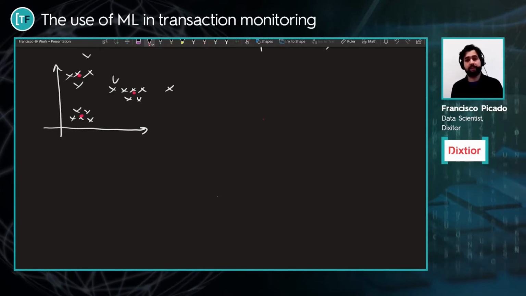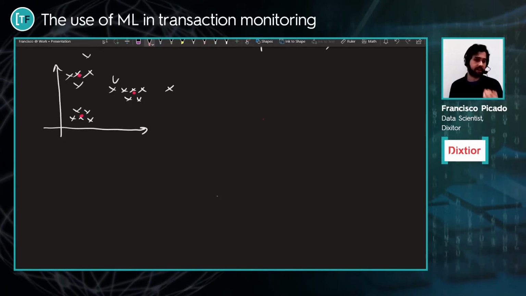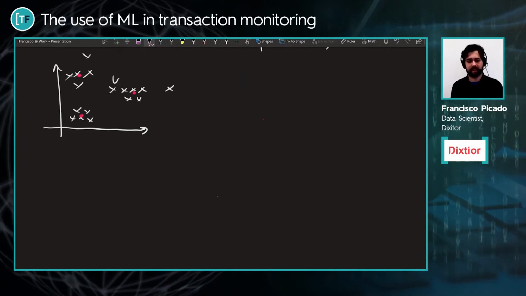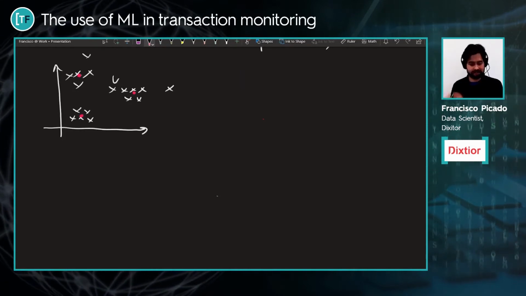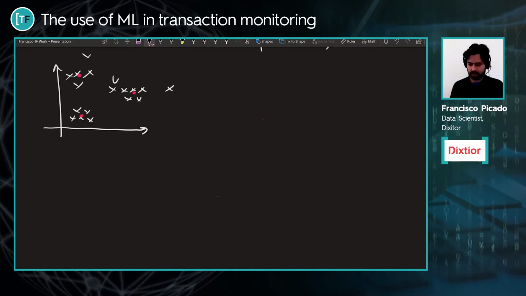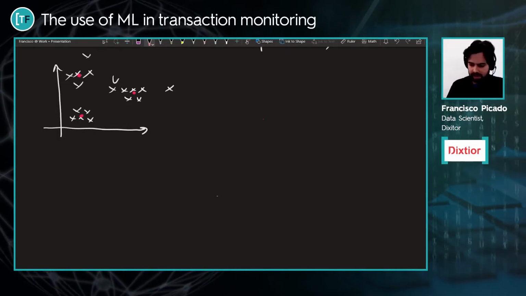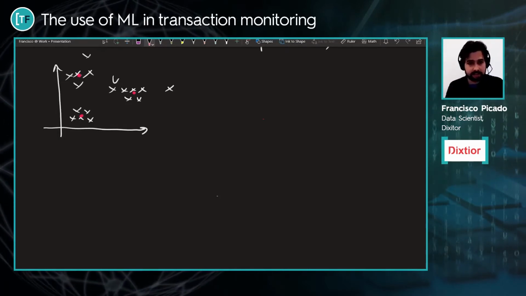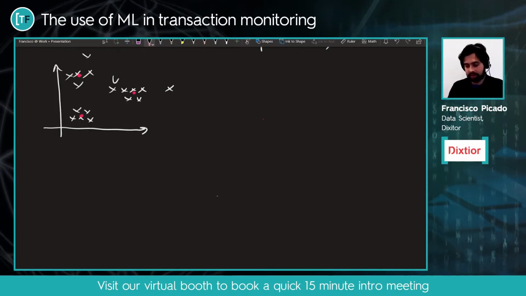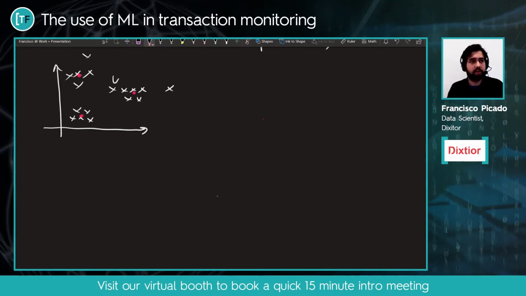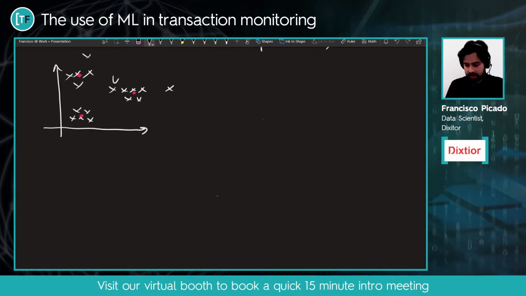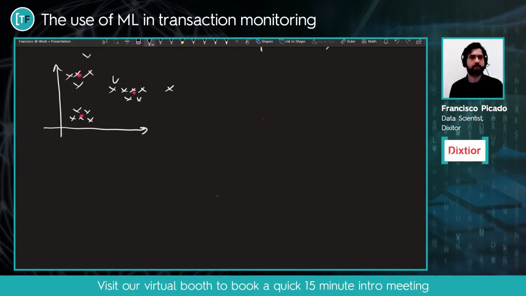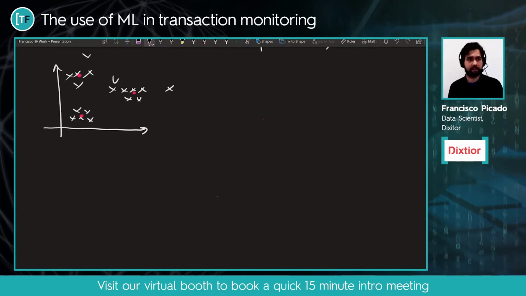This can be done randomly or using k-means just to get an idea as to where the centers are. Okay, and then we have our centers.